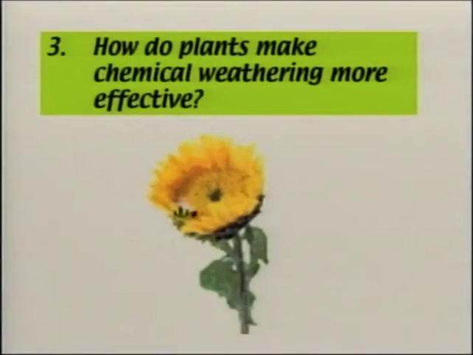And finally, the last question here, Val. Val is going to give us the answer for the last question. How do plants make chemical weathering more effective? The decay of plant leaves creates humus.